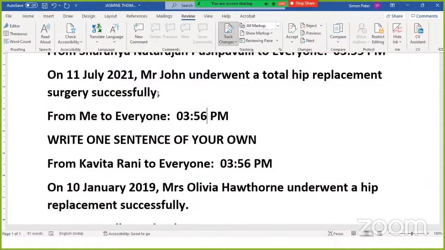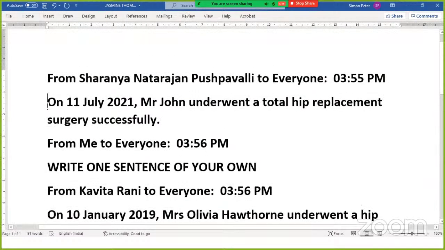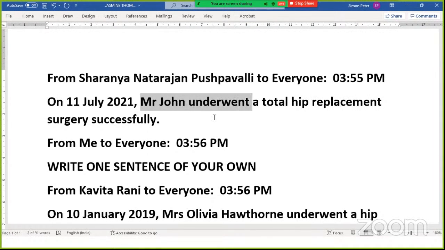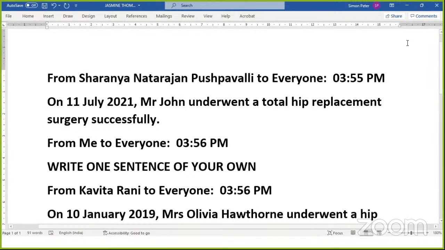Review. Sharanya: On 11 July 2021, Mr. John underwent a total hip replacement surgery successfully. Very good, but you made one mistake or blunder. Which hip, left or right?